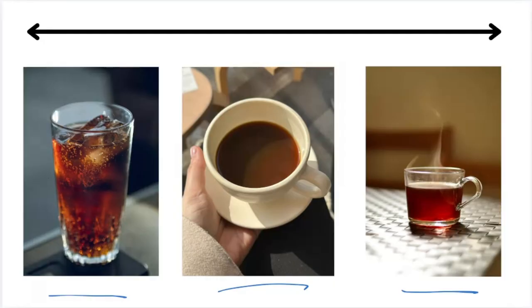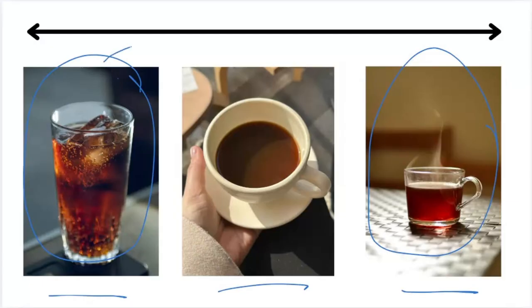The soda is the coldest drink. The tea is the hottest drink compared to the others. The soda is the coldest, the tea is the hottest.